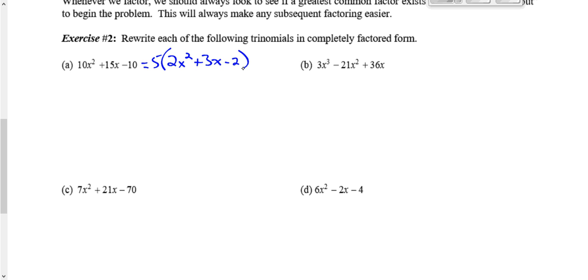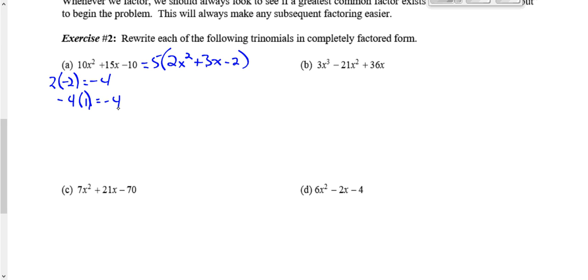All right, what do we do first? Never mind 5 right now. AC method of factoring. 2 times negative 2 is what? Negative 4. Okay. I need numbers that multiply to negative 4 and add to 3. What are those numbers? Negative 4 times 1.